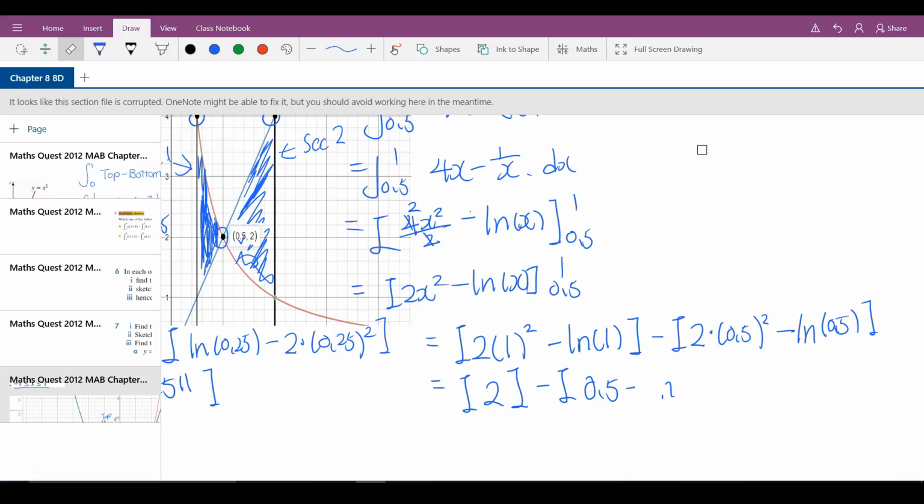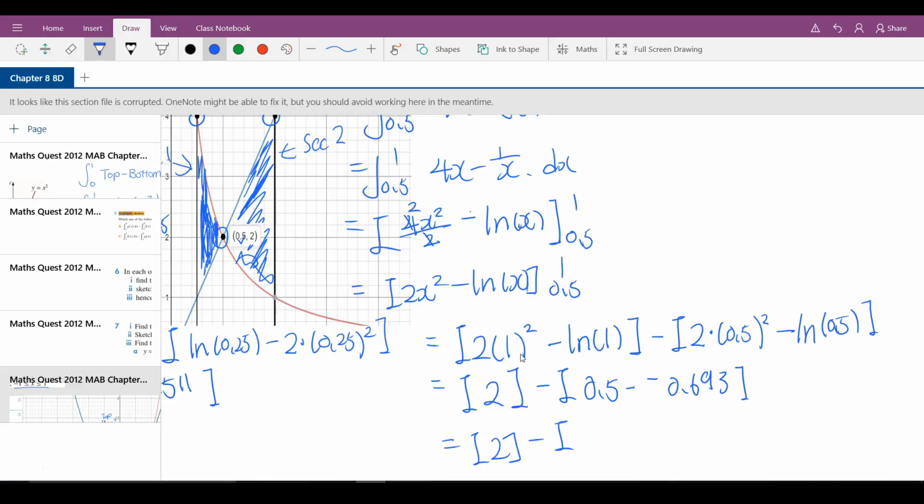Let me calculate that. ln 0.5 is negative 0.693. So it's 2 minus 0.5 minus negative 0.693.